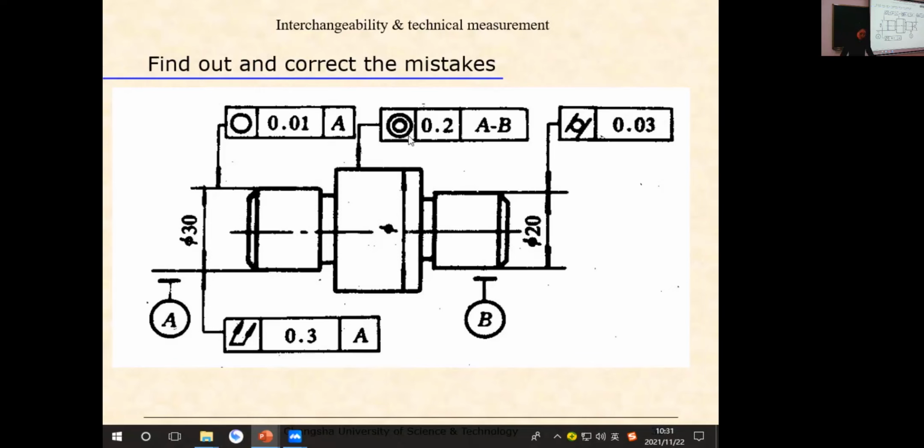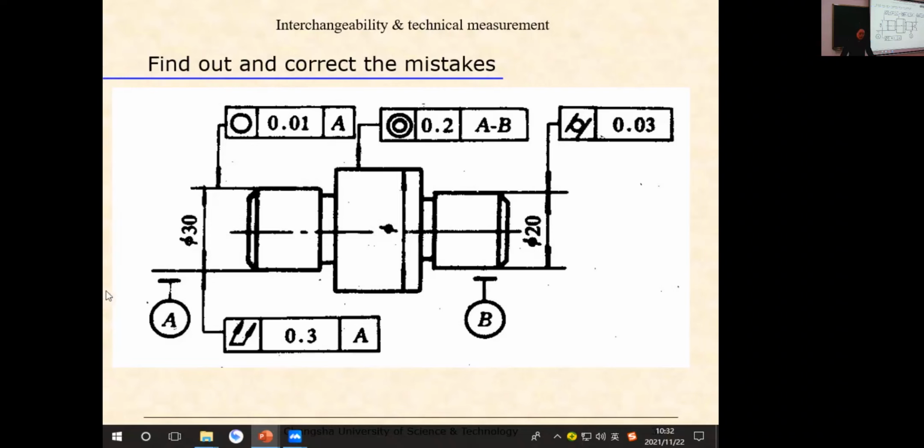This one, what? Okay, this is a concentricity, right? This concentricity means this axis is concentric with this axis and this axis, because A and B. A is here, but this is the axis.